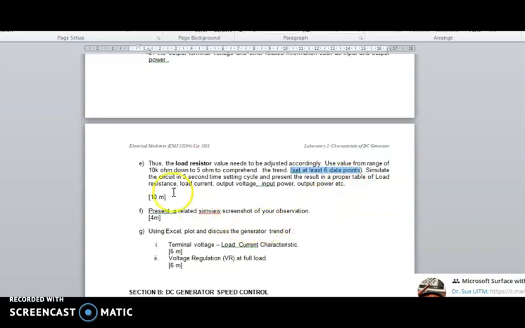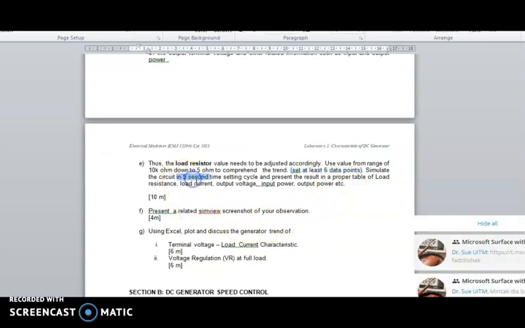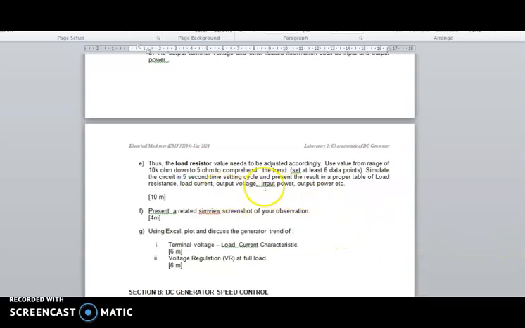Then simulate in 5 seconds. Previously we have 10 seconds of simulation, so you can use 5 seconds instead to speed up your simulation, and present your result in proper table, like I told you before. Per table and per graph, you put a comment.